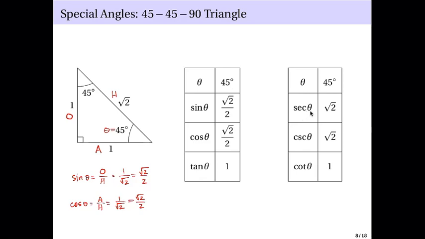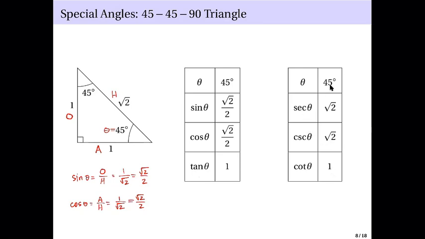For the secant, it's the reciprocal of cosine theta, and the reciprocal will just be square root of 2. Cosecant theta is the reciprocal of sine theta, and that's also square root of 2. Cotangent is the reciprocal of tangent, so the reciprocal is still 1.